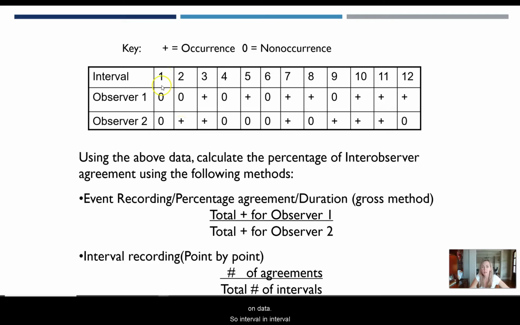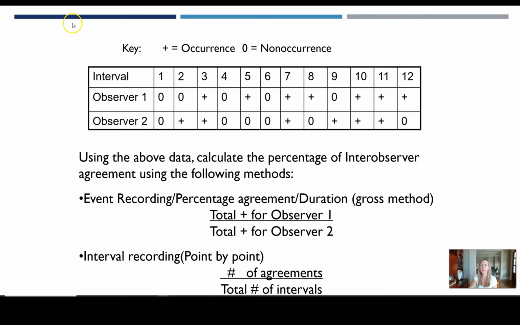So interval 1, did they agree? Yes. Interval 2, did they agree? No. 3, yes. Yes. No. Yes. Yes. No. No. Yes. And yes. So they agreed 7 times out of the 12.